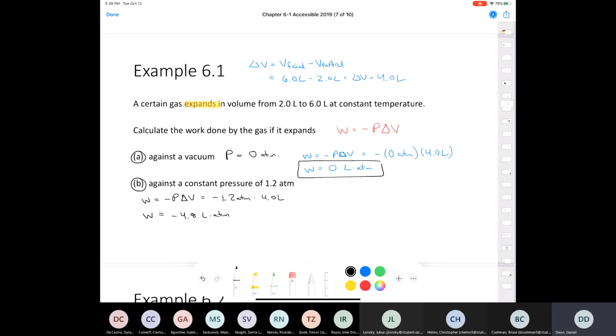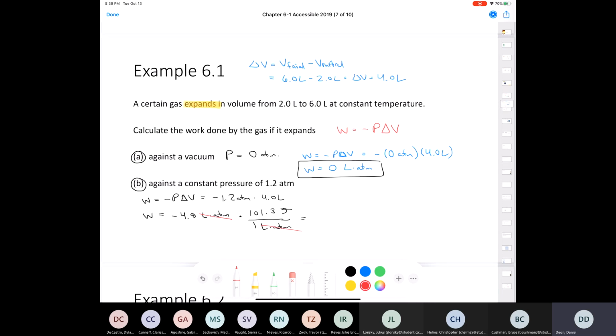Now, the conversion factor that you're going to need here to convert liter atmospheres into energy units that we're familiar with, which are joules, is this one here. 101.3 joules are in 1 liter atmosphere. So liter atmospheres cancel out, and we end up with the amount of work.